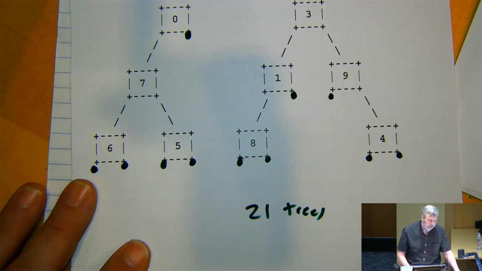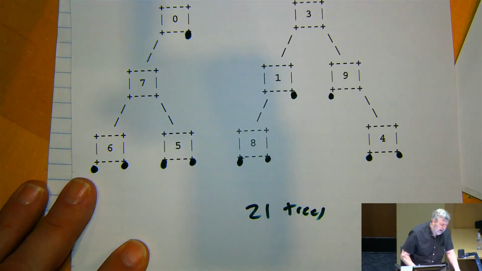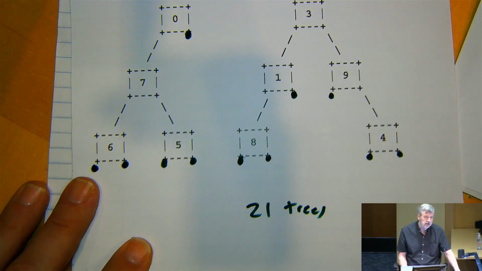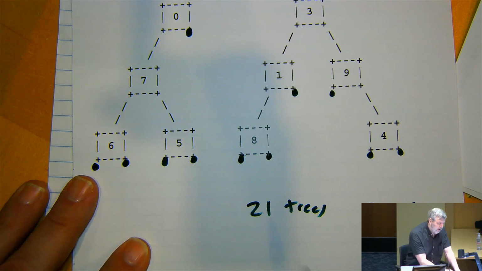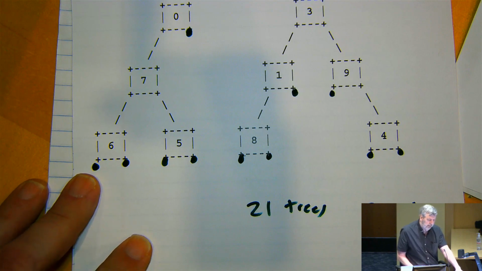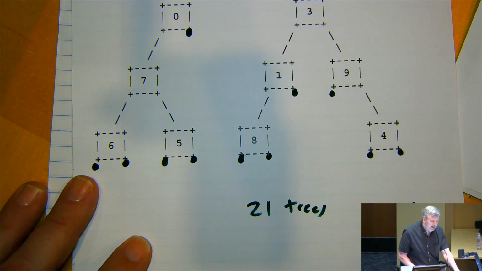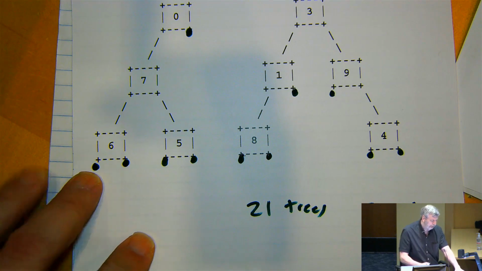So we would expect 2n plus 1 total trees with a structure like this. There were 10 nodes here, so we had 21. If there were 15 nodes here, we would expect to see 31 trees. So that's a nice mathematical property. Those of you who are math-oriented might enjoy that aspect of this.